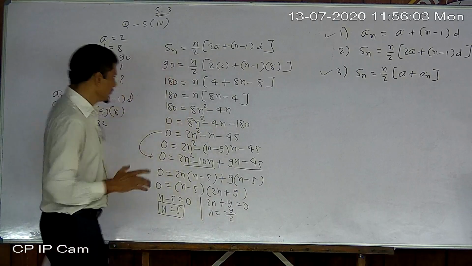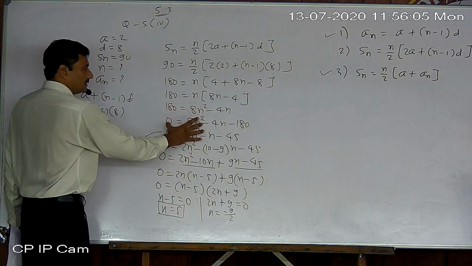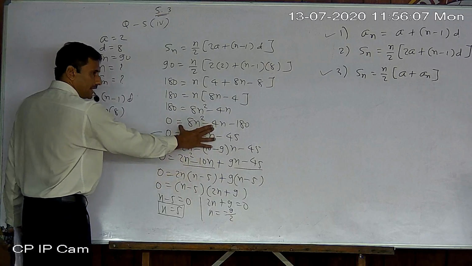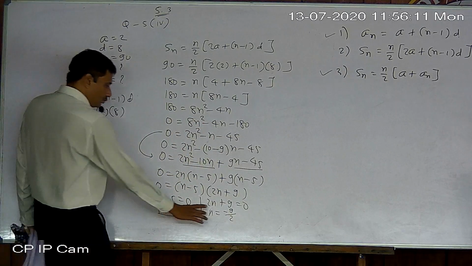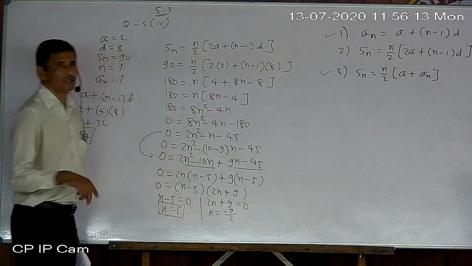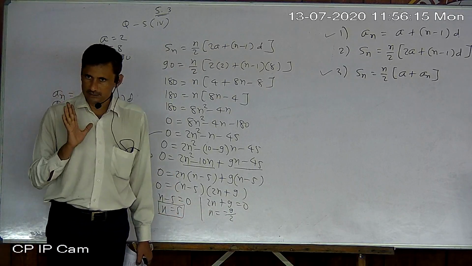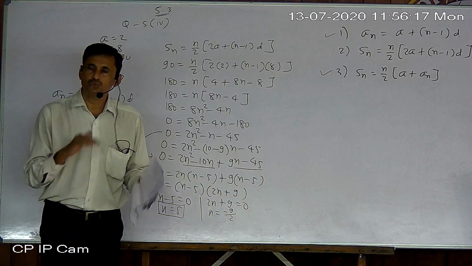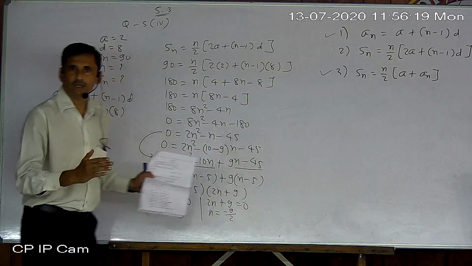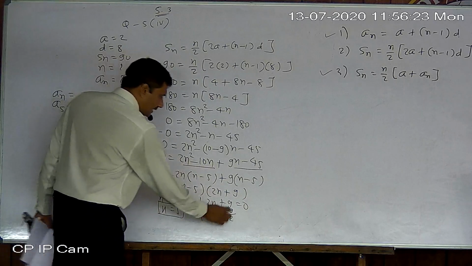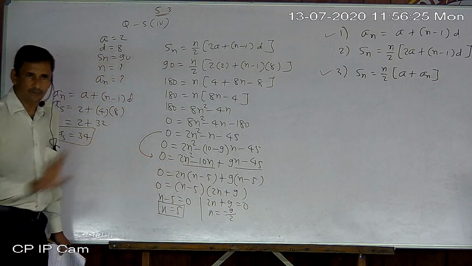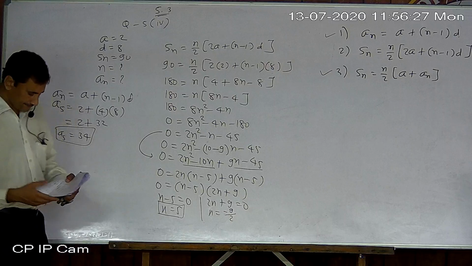You have to factorize the resulting quadratic trinomial, and accordingly find n. If you get two n's, both positive integers, then two answers are there. Sometimes two answers are possible if you get both positive integers, but we neglected this one here because n can never be negative.